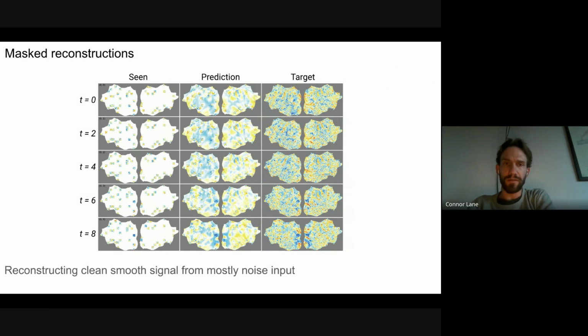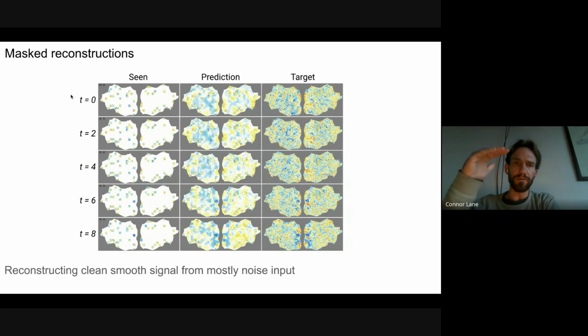On the far left column, you have the masked input that the model sees, where the values of the observed patches are shown, and all the unobserved patches just have a white background. And in the middle, you have the prediction from the masked autoencoder model.